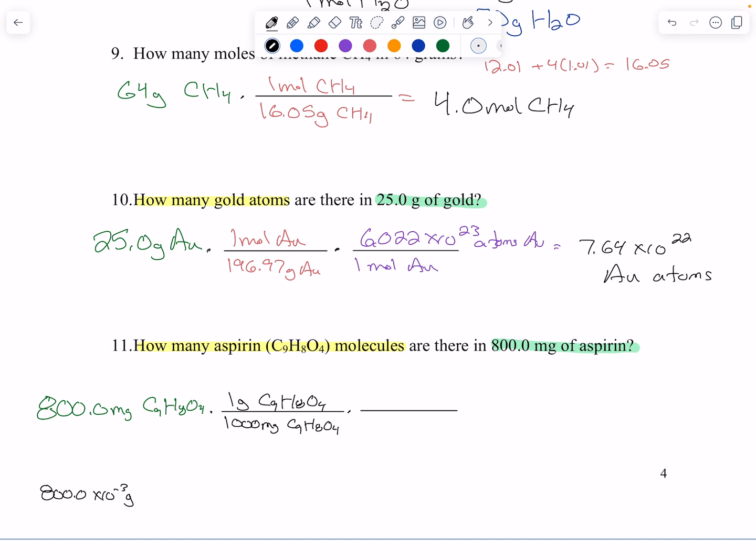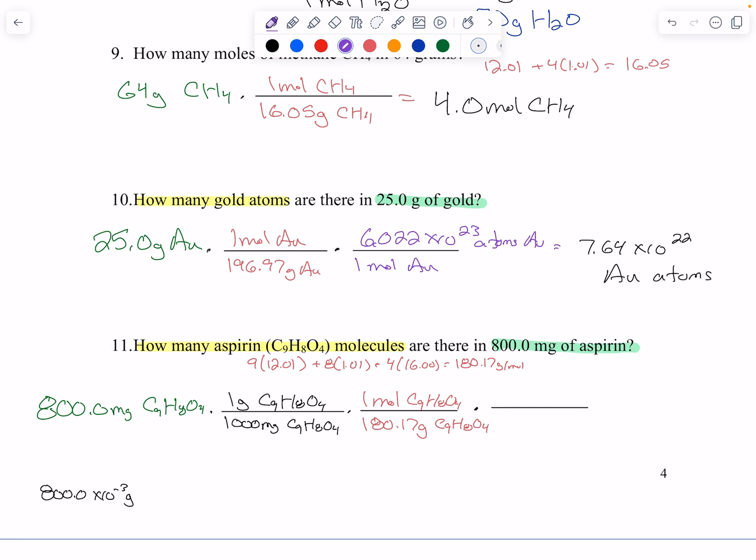Now, molar mass. 9 times 12.01 plus 8 times 1.01 plus 4 times 16. So I think the molar mass of this would be 180.17. So 180.17 grams of C9H8O4 is 1 mole of C9H8O4. And then we want molecules.